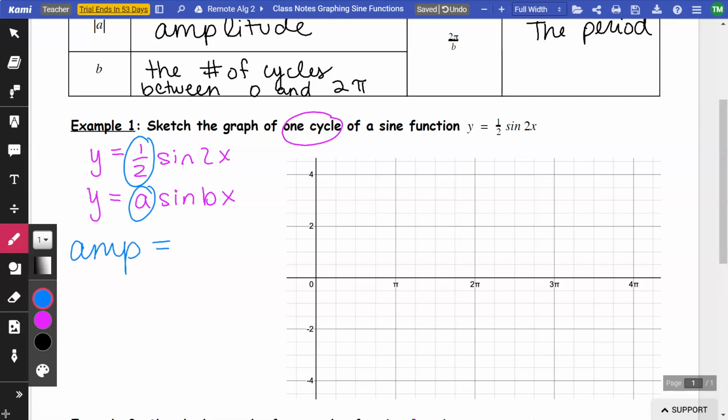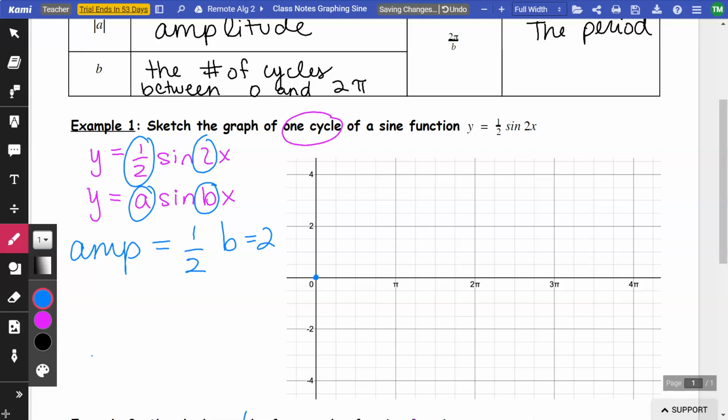Remember, a represents our amplitude, so our amplitude is 1/2. B is the number of cycles between 0 and 2 pi. So b, in our case, is equal to 2. That means that there are 2 full cycles between 0 and 2 pi.